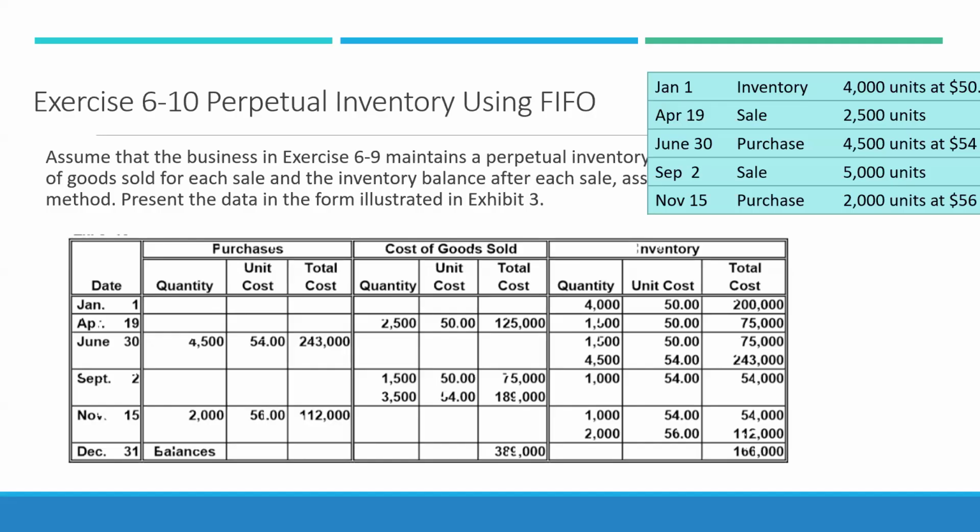And so 2,000 of the $56, the most recent purchase, and then another 1,000 of the $54 inventory. And then that comes out to $166,000.